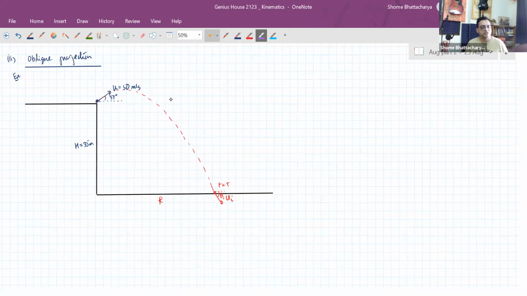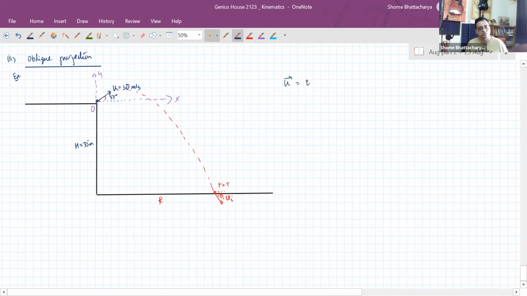So here, because it is having a projection such that it ascends before descending, we can take the y-axis upwards. So you can see that u is u cos theta i cap plus u sin theta j cap. So for the given values, it's 40 i cap plus 30 j cap.